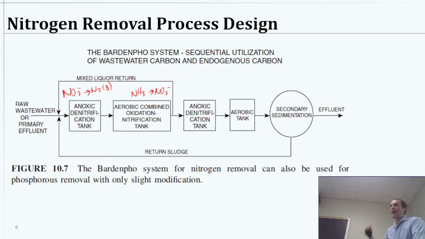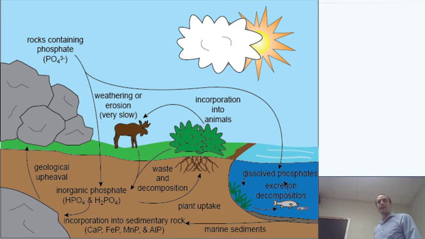And so we're just kind of adding a couple layers here just to sequence it back and forth between the two, finishing with aerobic, which probably has some advantages in terms of getting the water well oxygenated before we're about to discharge. So the caption here says this system for nitrogen removal can also be used for phosphorus removal with only slight modification. So perhaps this one also does a better job with phosphorus, given the back and forth. Okay, so there's some things like that.